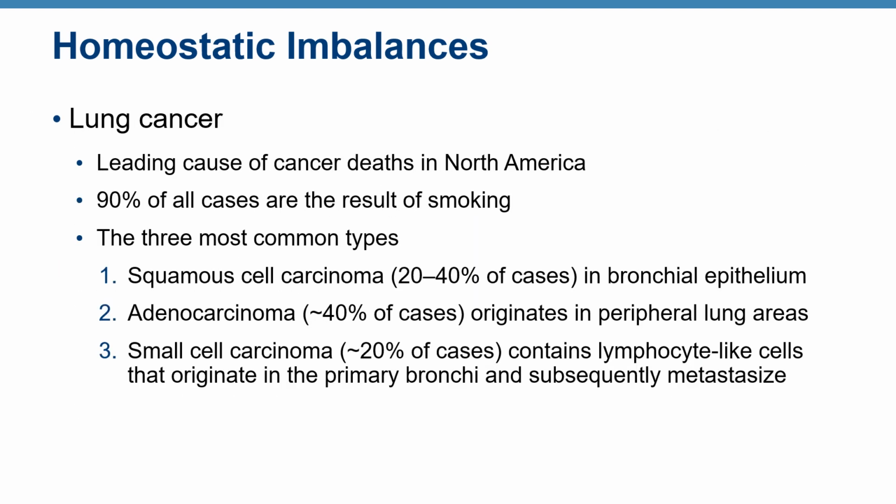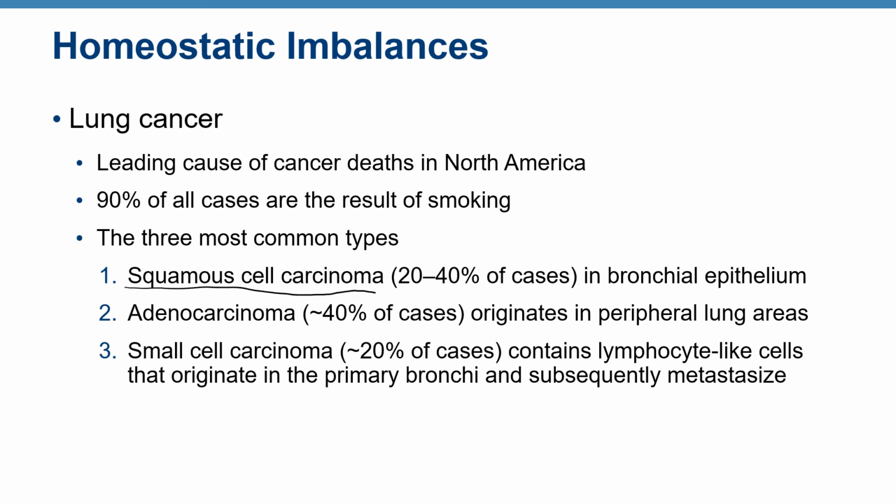And lung cancer. So lung cancer is the leading cause of cancer deaths in North America. 90% of all cases are the result of smoking. And because lungs have different types of cells, depending on what cells became cancerous, we can classify lung cancer into three most common types.